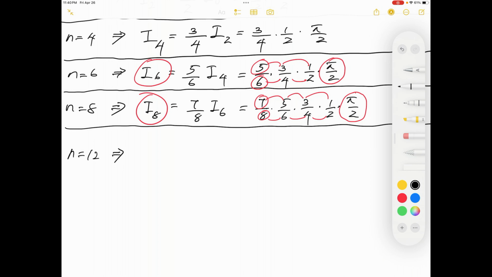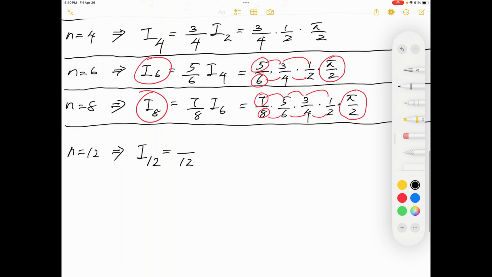What if I have to write down the case for, let's say, n equals 12? N equals 12 will correspond to I sub 12. In that case, I need to write down 12 in the denominator. On the numerator, I need to write 12 minus 1, which is 11. And we can write down all the other terms quite easily.